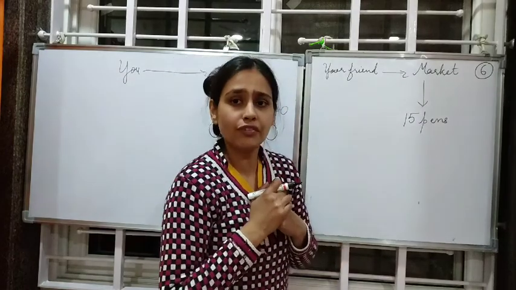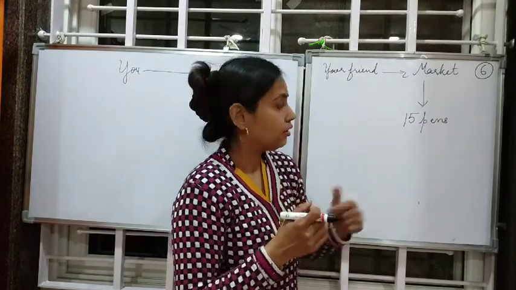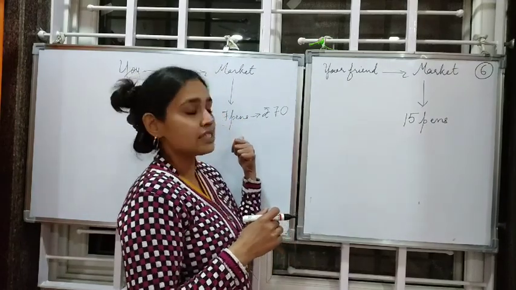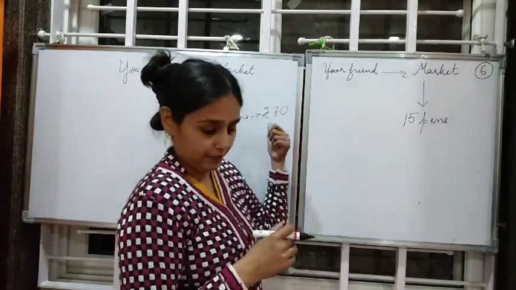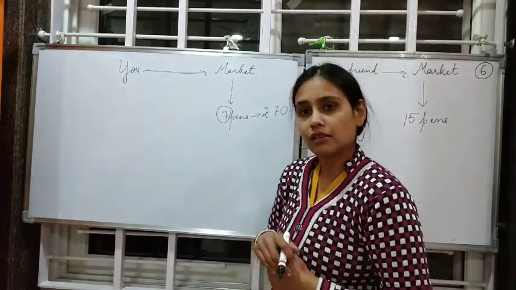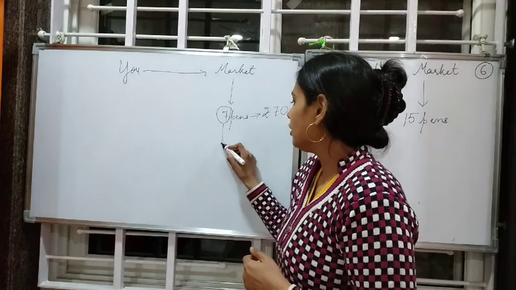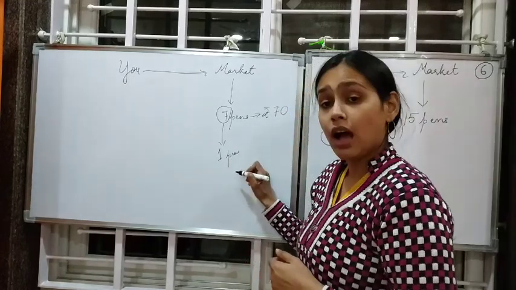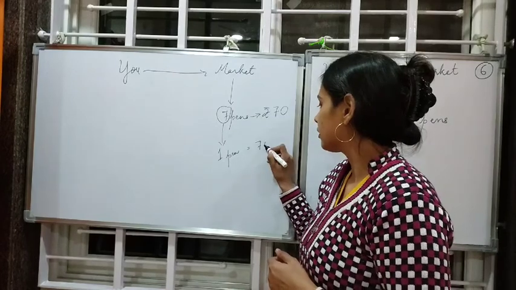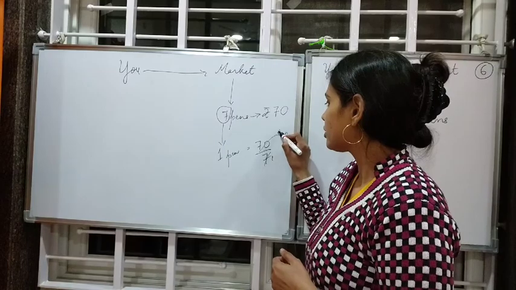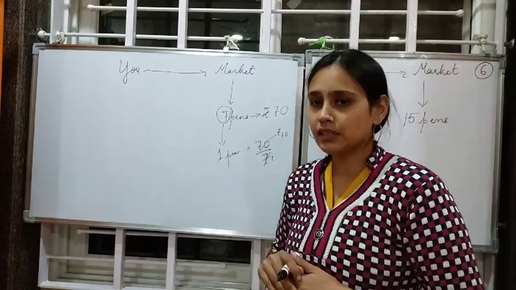What should be the cost of 15 pens? How to find out? Here you have got 7 pens for rupees 70. From here you can find the cost of 1 pen. How? 70 divided by 7 is rupees 10.